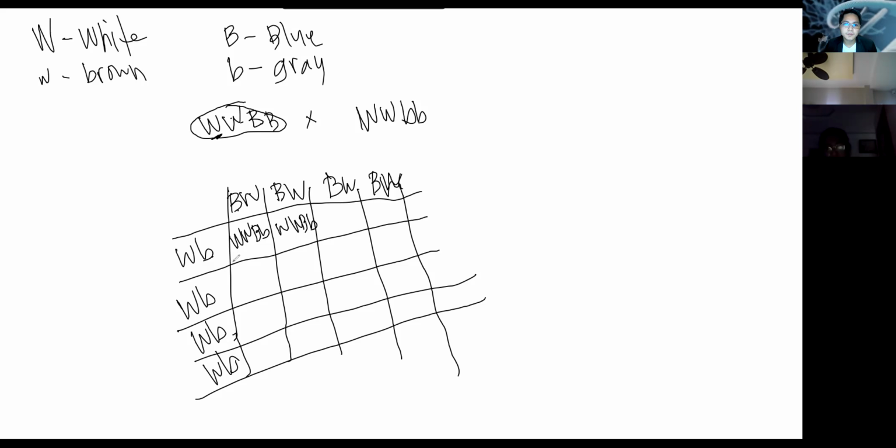How about this one? Again, we have heterozygous white with... wait. Again here, if you look at this one, we have capital letter W and small letter W.